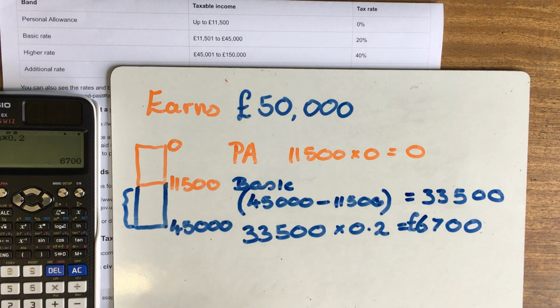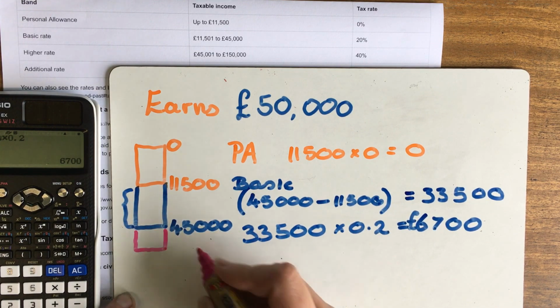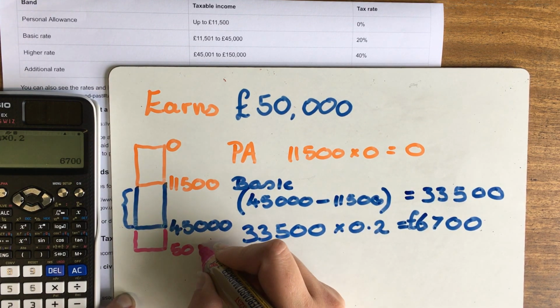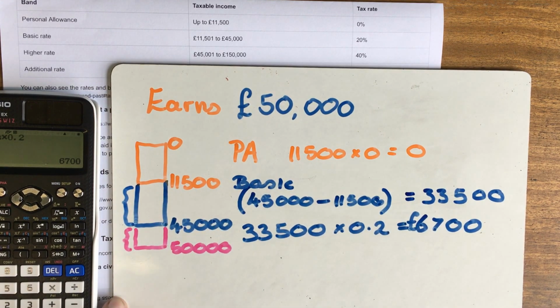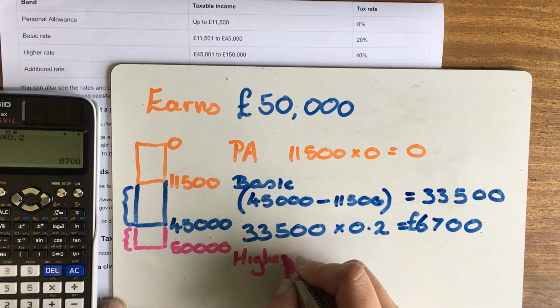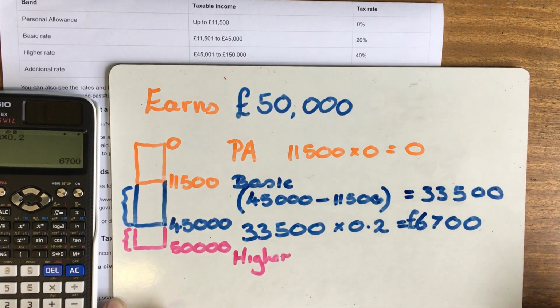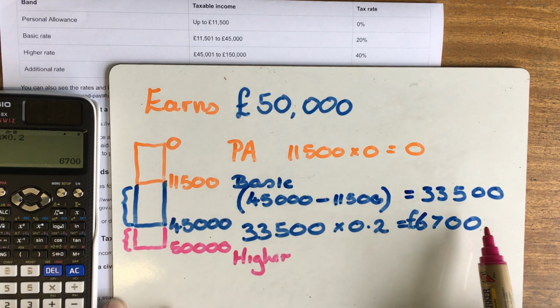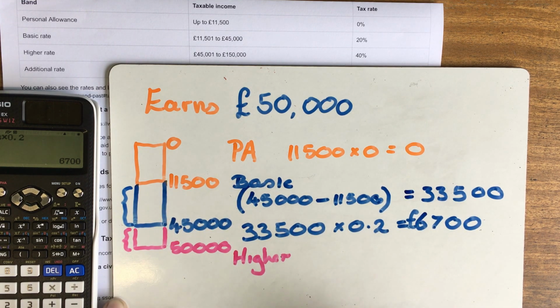But our person earns more than 45,000. Our person earns 50,000, so that 50,000 is another jump up. Up to 50,000, we need to find out how much money we've got there. For higher, because it goes over the top of this, anybody who's paying higher rate tax is going to pay this 6,700 at basic and then pay higher on top.